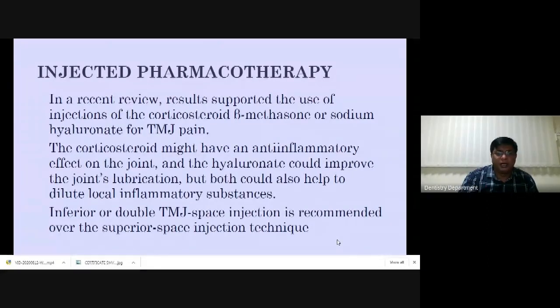Very rarely you need injected pharmacotherapy. That is corticosteroids; we used to inject methylprednisolone or dexamethasone. An intra-joint injection can be given for severe pains, but it should be reserved for when your conservative treatment fails.